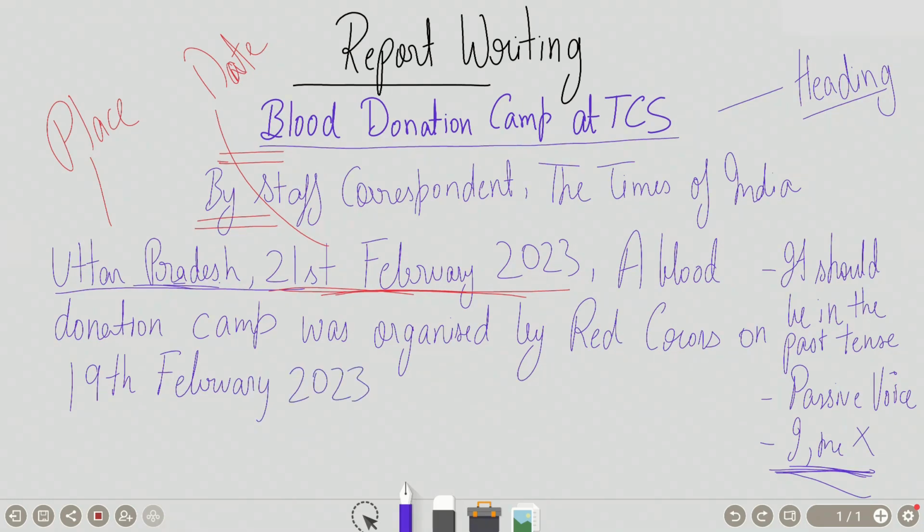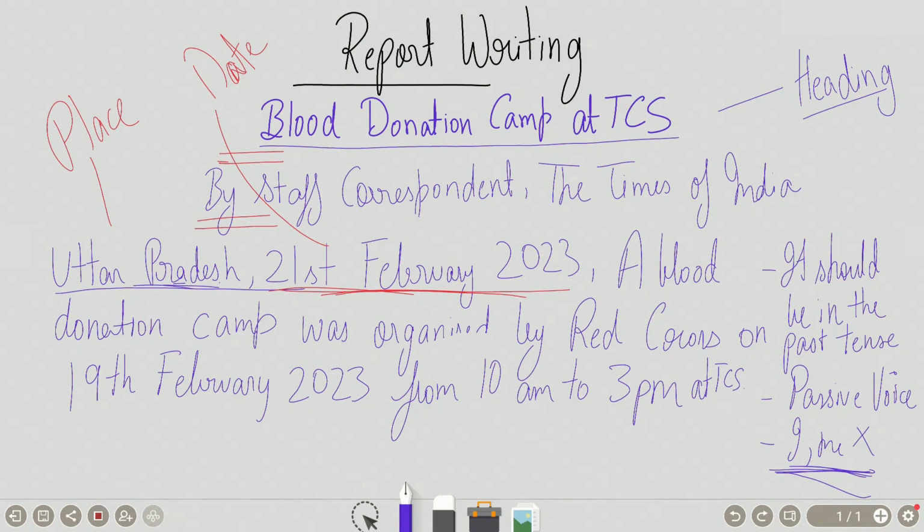We can also mention the time, from 10 a.m. to 3 or 4, or whatever you like and whatever is mentioned in the question paper, at TCS.